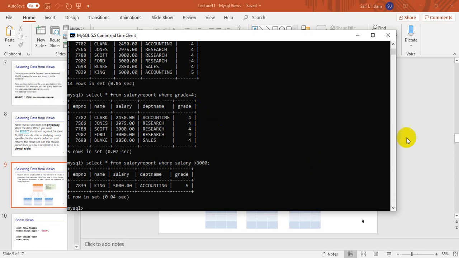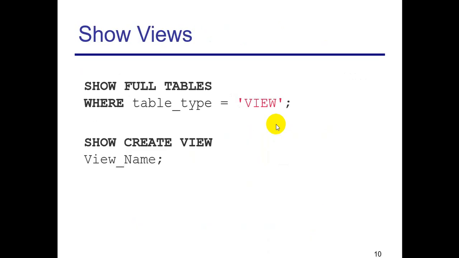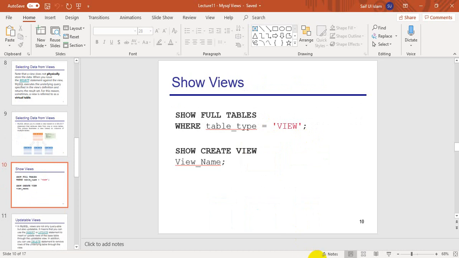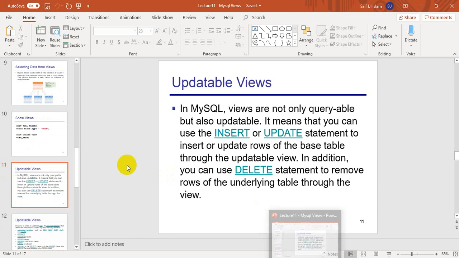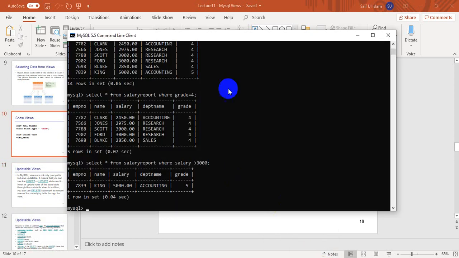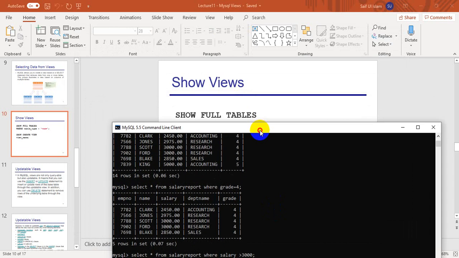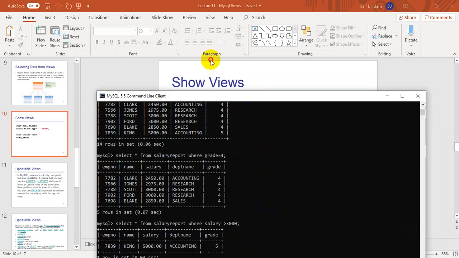Okay, so we will come back to the lecture, on how to show the views. When you have created your views, how do you actually show those views to make sure that they have been created? So this is the command: show full tables where table_type equals view.